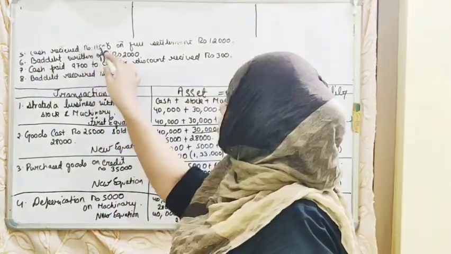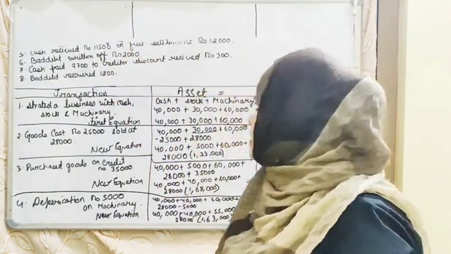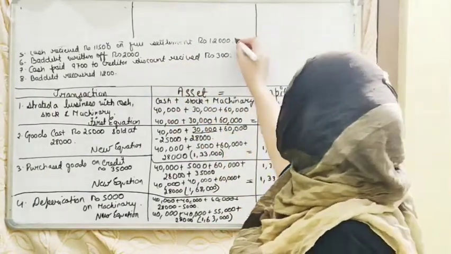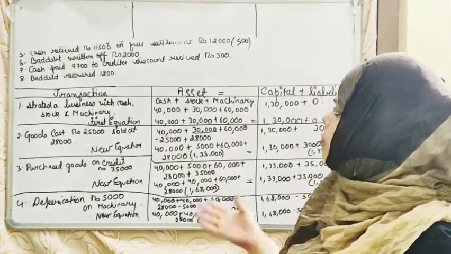See, rupees 11,500 on the full settlement of rupees 12,000. So obviously between 11,500 and 12,000, we see a difference of 500 rupees. Right. So how will we perform this transaction?